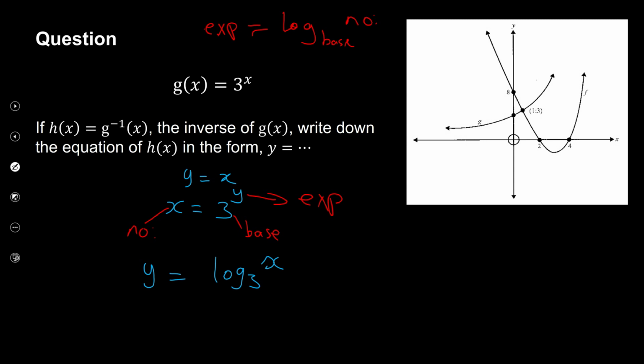Some people claim that you just write y is equal to log and then you drop this, right? You just make it a bit low. That's just cramming, guys. Please don't try and think about such things, right? Although, yes, it's a shortcut, but it does not give you the sense of where this comes from. So please make sure you understand it's all about reflecting about the line y equals x.